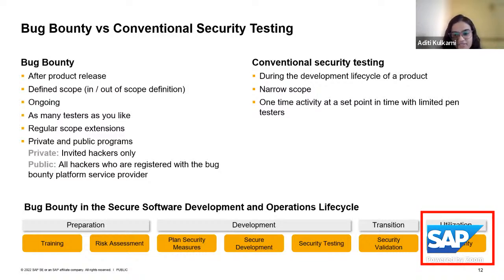Then there's a transition phase where the security validation is done by a dedicated security team on a particular module or application. And then bug bounty is in the end, outside of the development cycle. So bug bounty is after the product release. That is the major difference here.